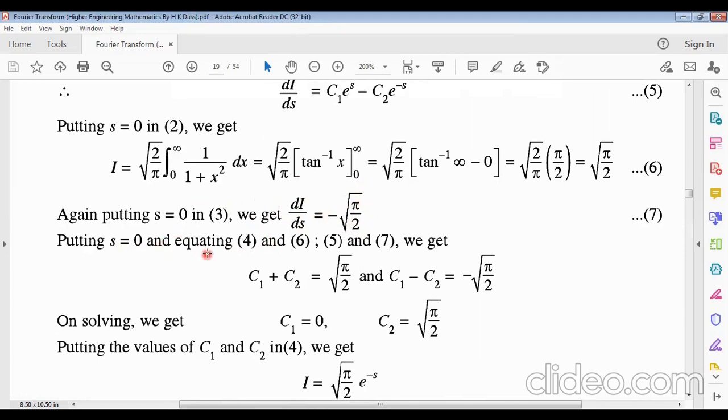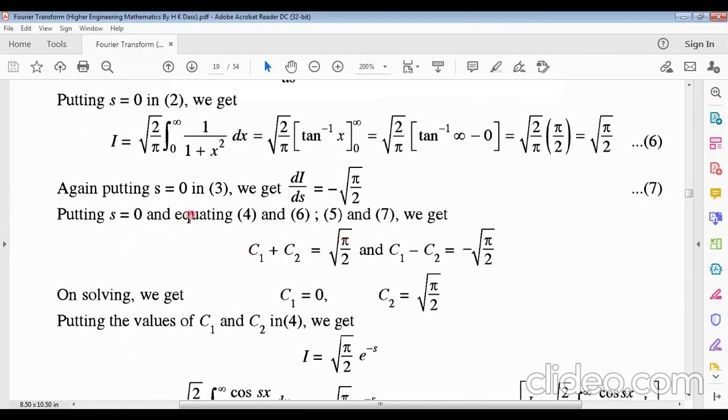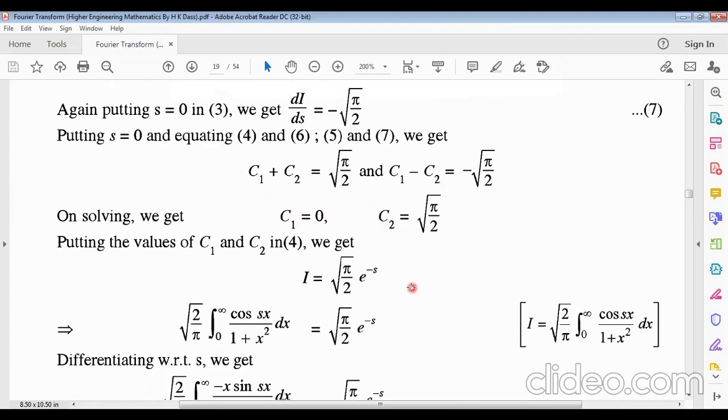Now putting s equals to 0 in equations 4 and 5 and equating with 6 and 7, we get C1 plus C2 equals root over pi by 2 and C1 minus C2 equals minus root over pi by 2. Solving for C1 and C2, we get C1 equals 0 and C2 equals root over pi by 2.